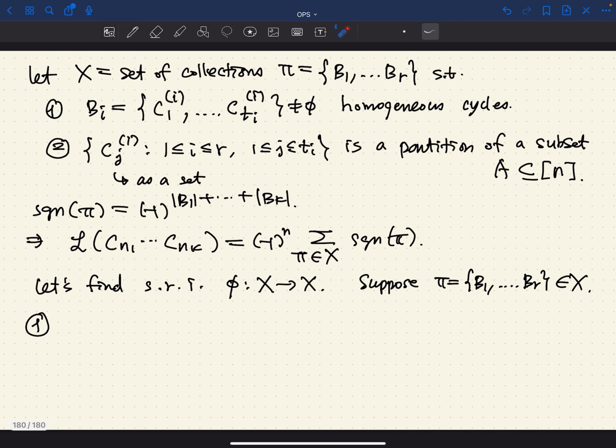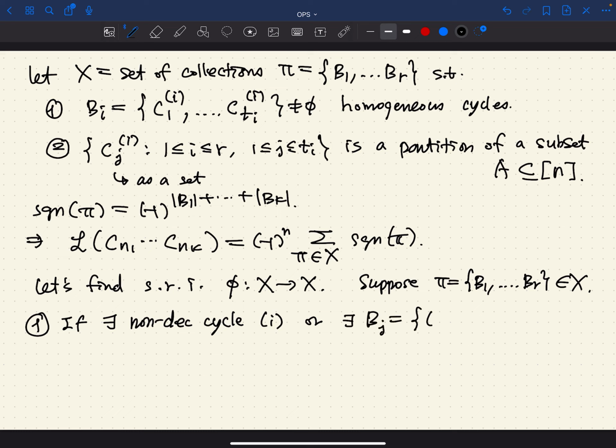So if there is a non-decorated cycle, necessarily a cycle of length 1, or there is a block B_j consisting of only one element, but everything must be decorated, so it's like that.